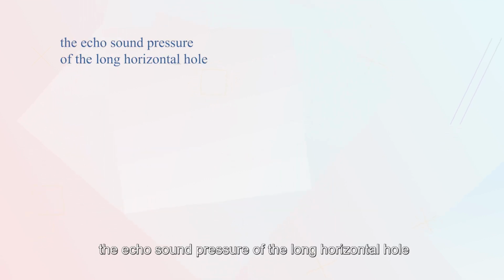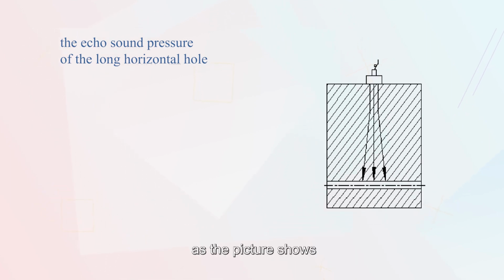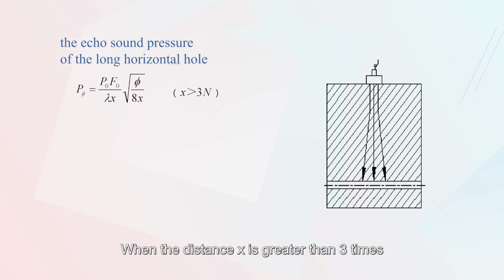Second, the echo sound pressure of the long horizontal hole. As the picture shows, when the distance x is greater than 3 times the length of the near field area, the echo sound pressure P phi is equal to P0 F0 divided by lambda x, and then multiplied by the square root of phi divided by 8x.